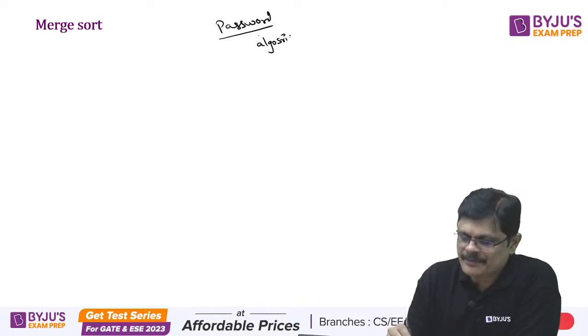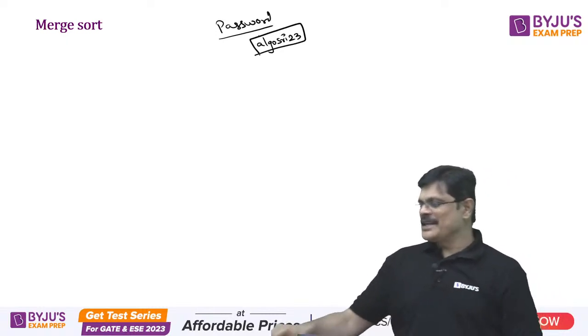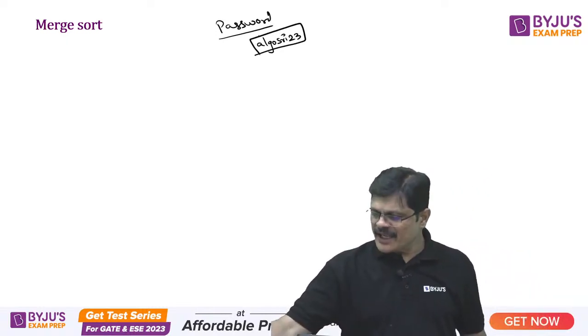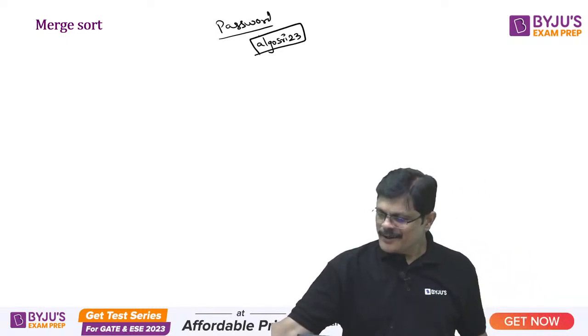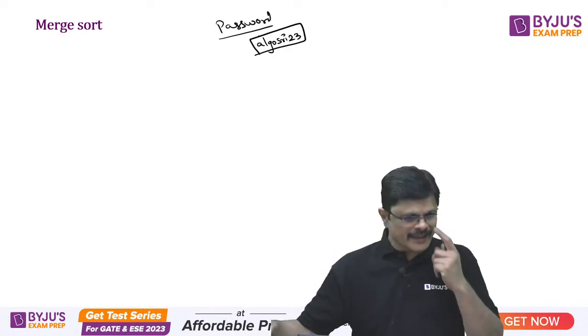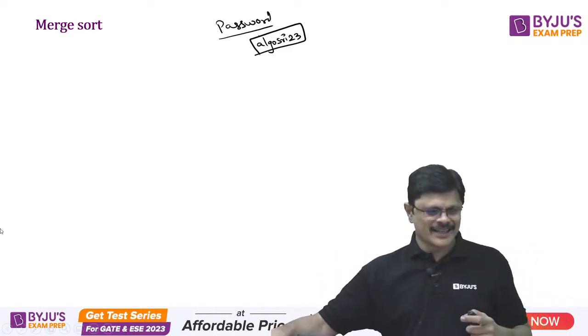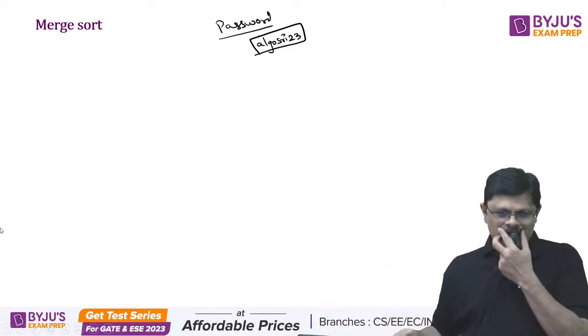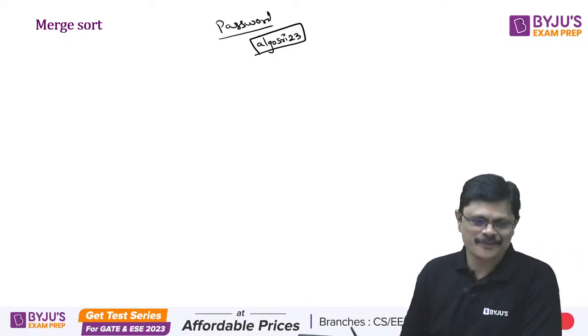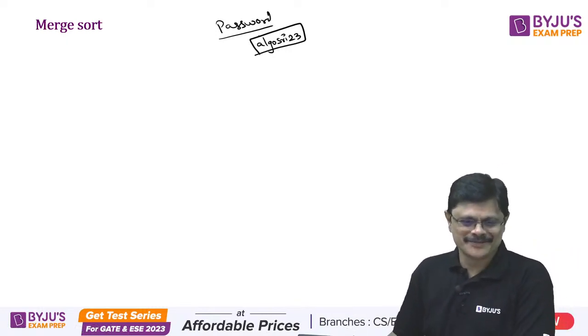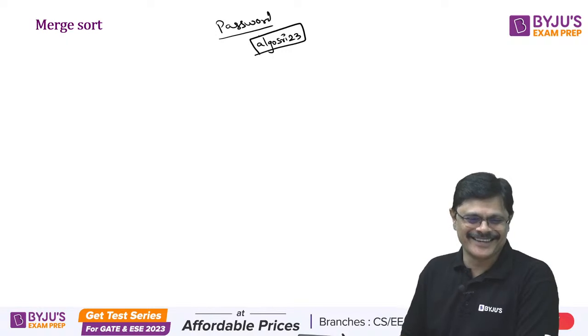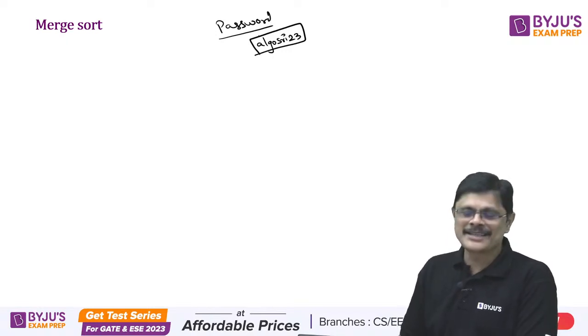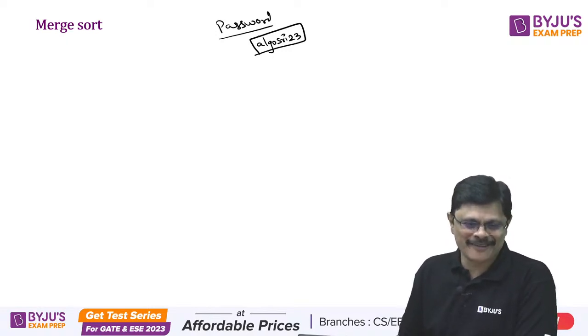Algo 323. So please note, this is the password for the PDF. Don't share it with anyone. Happy Diwali, sir. I already gave it, no? So that is your password for this PDF.